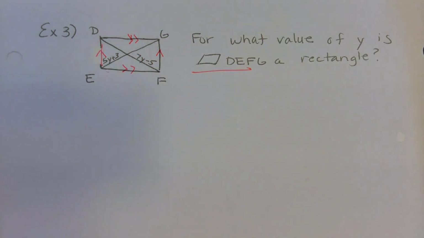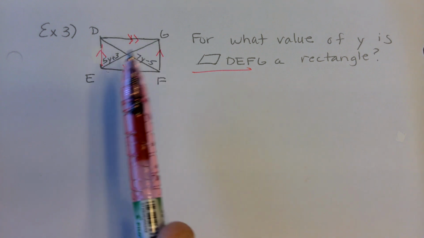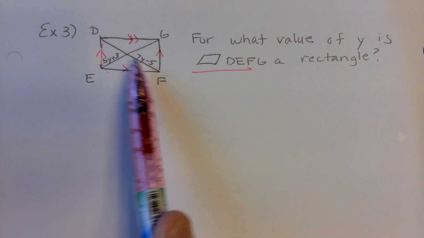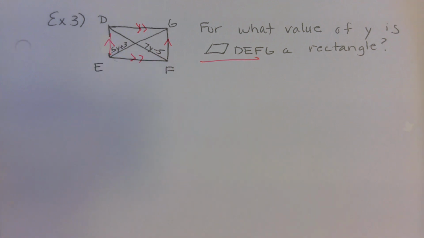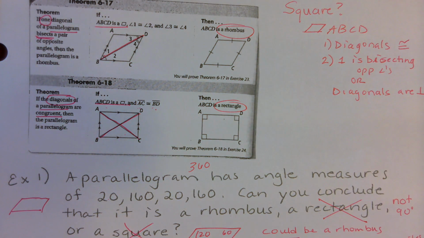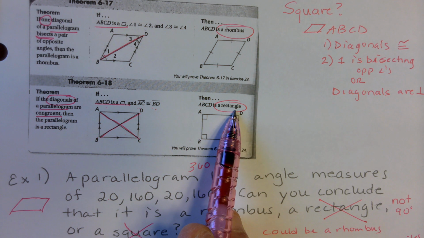All right. I know it's a parallelogram. So they're trying to say, okay, how could we figure what value makes this a rectangle? Well, let's go back and look at this rectangle, because I remember this one here that talked about it being a rectangle.